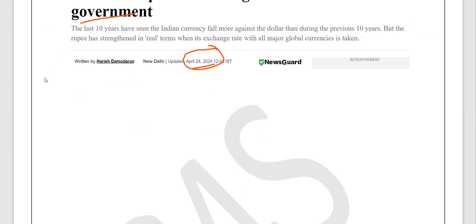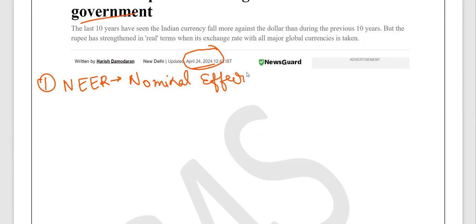So first term is NEER. It stands for nominal effective exchange rate.